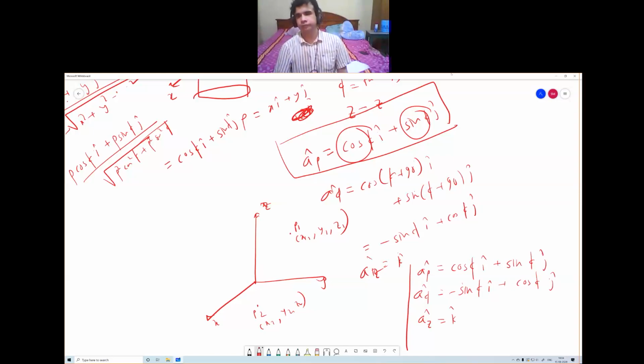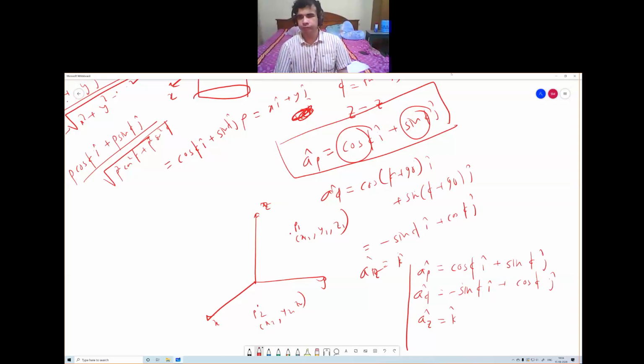Okay? Just multiply a rho by sin phi and a phi by cos phi and add. You will find that i is cancelling out. Only j remains. So using this, it is possible to get the reverse conversion.